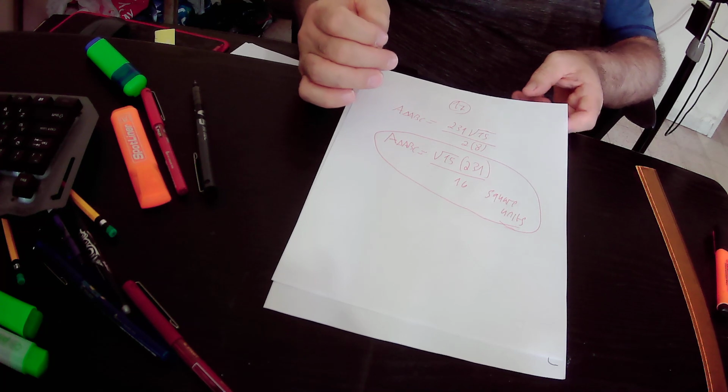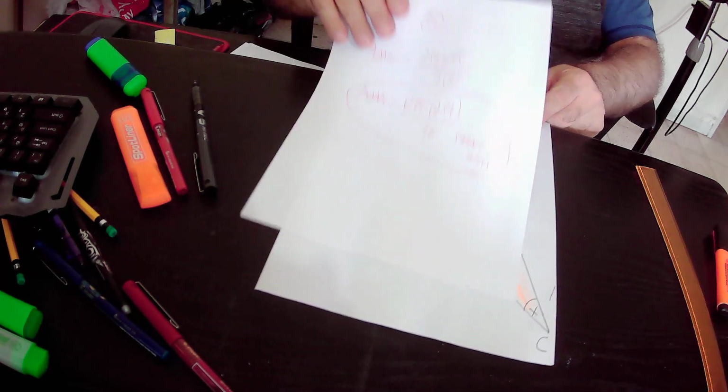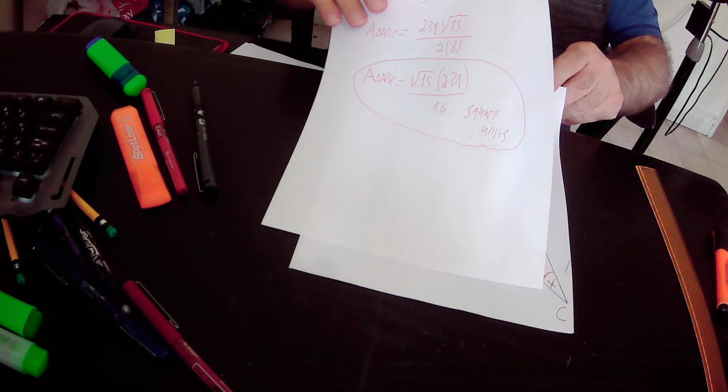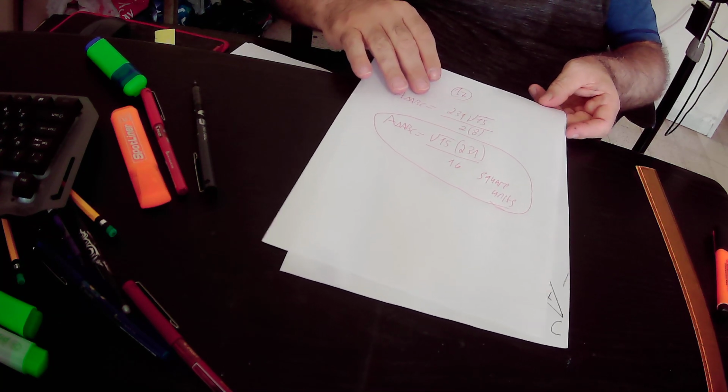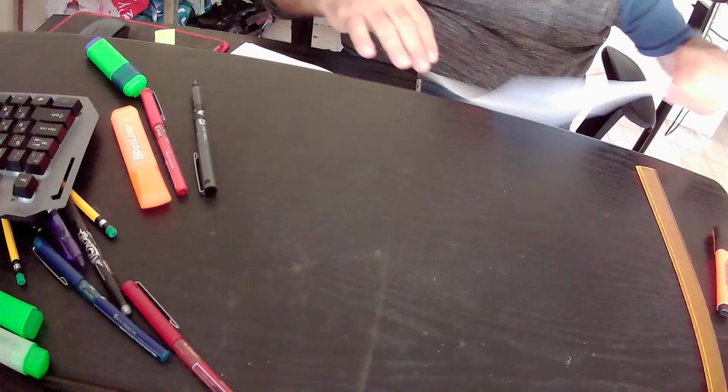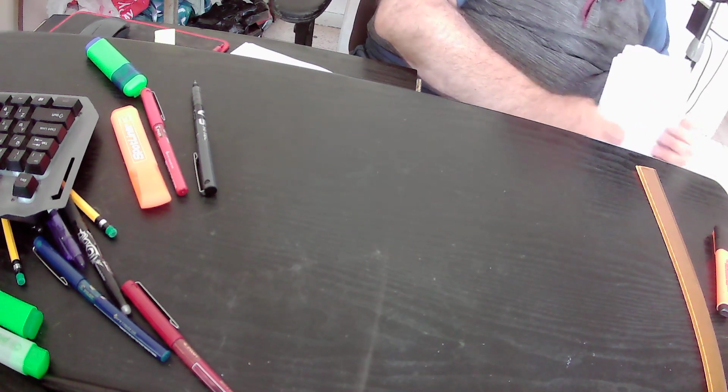So that was the first way to find the area of triangle ABC, and then we found the area of triangle ABC in the second way, in the second method.